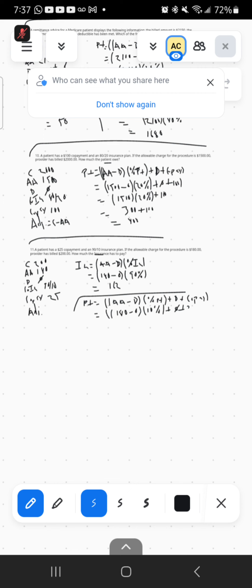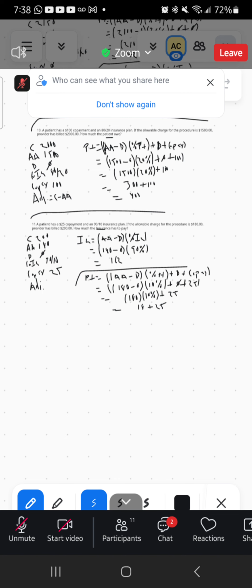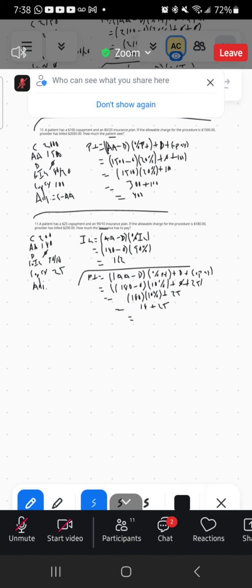Don't forget the co-payment is $25. So now we have 180 times 10%, plus 25. So that is 18 plus 25. That's 43.